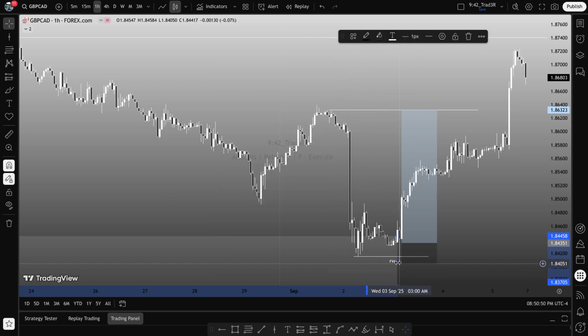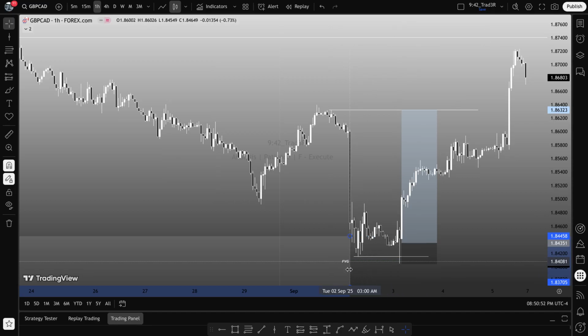So you can see how our price came to the daily fair value gap with a beautiful range high, range low, and price left the range, consolidated, and came back around 3 a.m. on Wednesday.